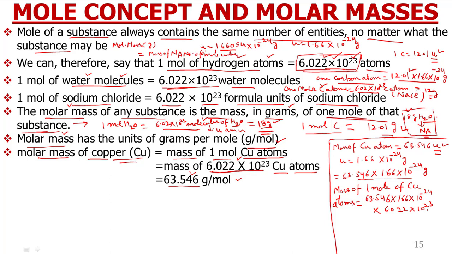Now if we multiply 6.022 into 1.66, it is 9.999. We can write it as 63.546 into 9.999 into 10 raised to the power minus 24 plus 23, which is minus 1. So 9.999 is approximately 10 into 10 raised to the power minus 1.